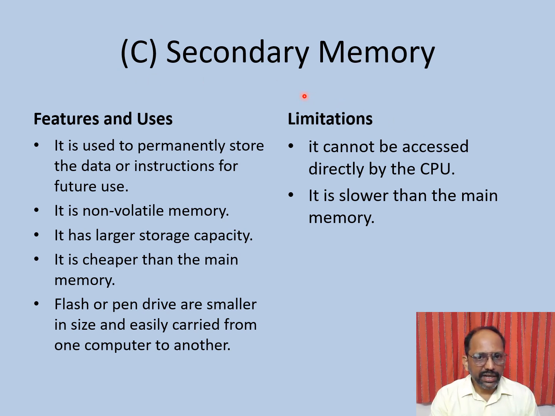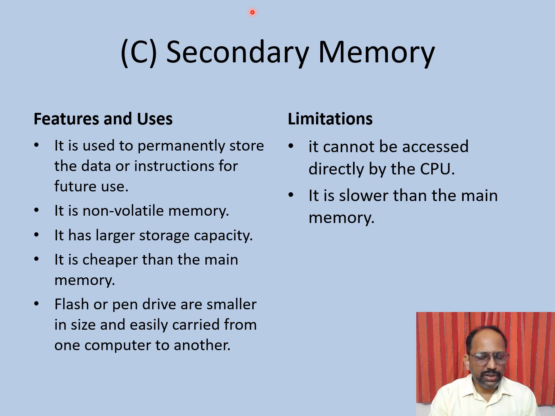No data stored in the secondary memory can be directly accessed by the CPU. If you want to process that data, what should we do? We should send that data into the main memory. Then only can the CPU use and process that data.